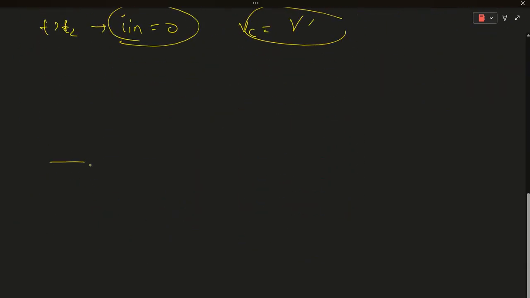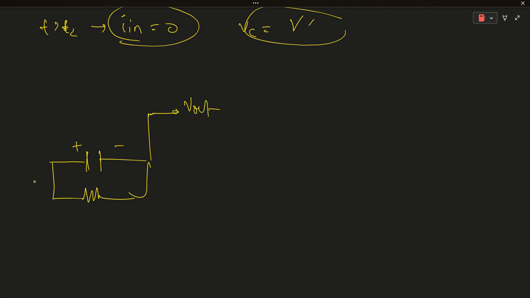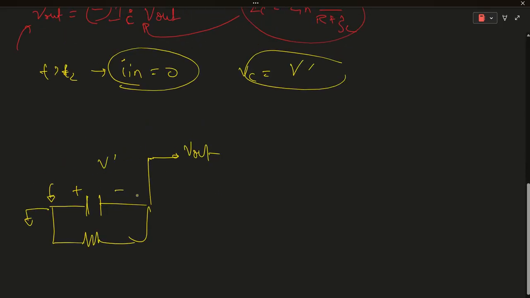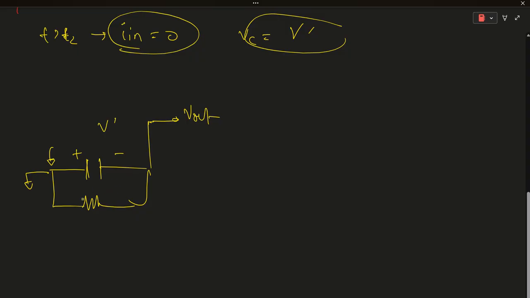Now if we make a circuit like this, this is the circuit. This is plus minus, and our resistance is connected in parallel, and it is connected to the V out node, and this is ground, as this is the AC ground of the circuit, and the capacitor has some voltage V dash. Now we can say that the capacitor sees a parallel resistance R, and it will start discharging its voltage through the R resistance.